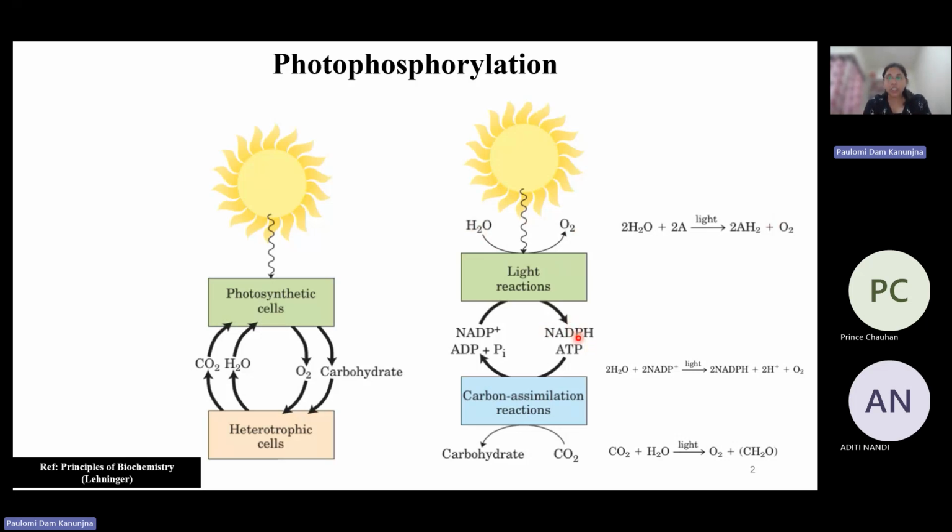Now this NADPH is formed, and in the next part you have the use of this NADPH and ATP in reactions called carbon assimilation reactions to finally use up the carbon dioxide to give carbohydrate. So these are the overall reactions that you see. Water splitting, H2O and NADP+ giving you NADPH, which is the product of the light reaction. And then you use up the water and carbon dioxide to give you carbohydrates. We will see how these steps take place.